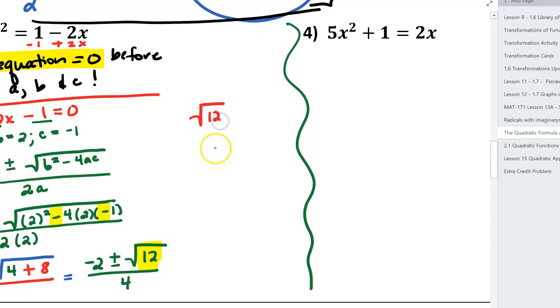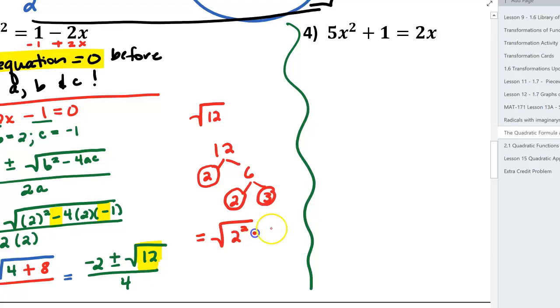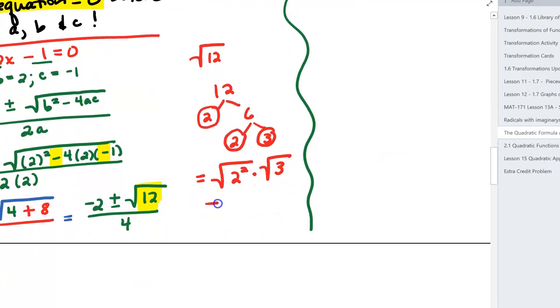So the square root of 12, if I break this down into my prime factorization, it's 2 times 2 times 3. So that's going to be the square root of 2 squared times the square root of 3. And the square root of 2 squared, well, the square root and the square cancel each other out, so you're just left with 2 times the square root of 3.